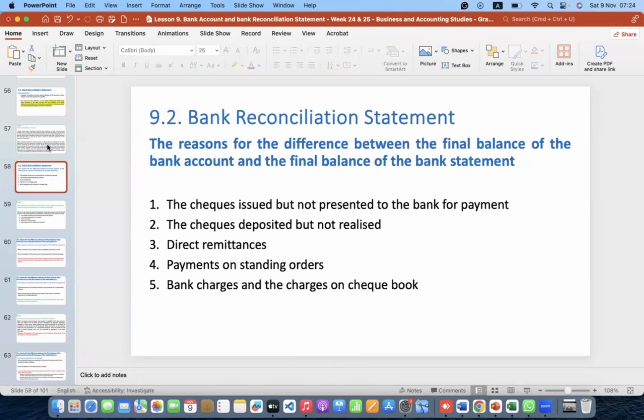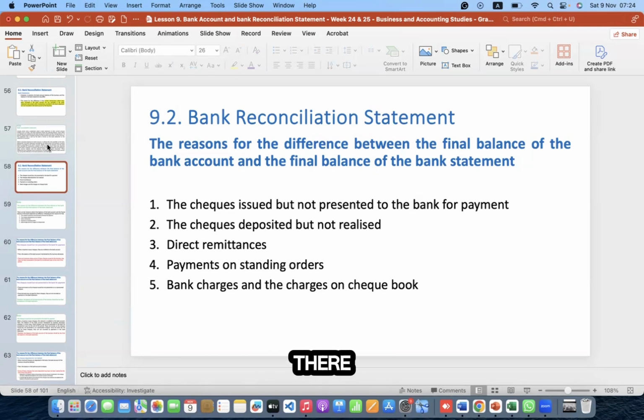Okay. So now we spoke about two things. One thing is the bank account. The other thing is the bank statement. And we were looking at the month-end balance of these two. And we said in an ideal scenario, this should be similar. These two balances, of the bank account and the bank statement, should be similar.